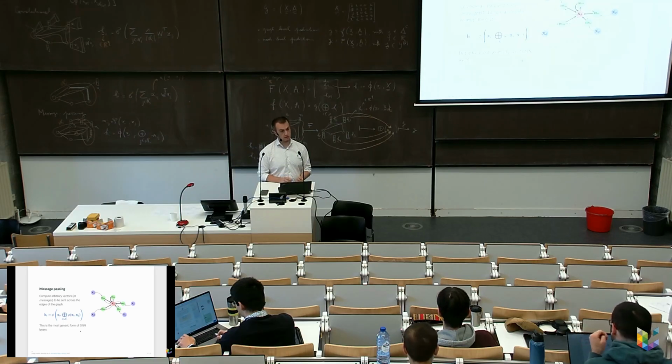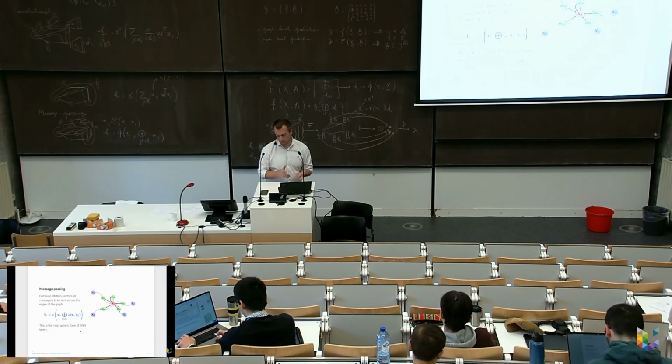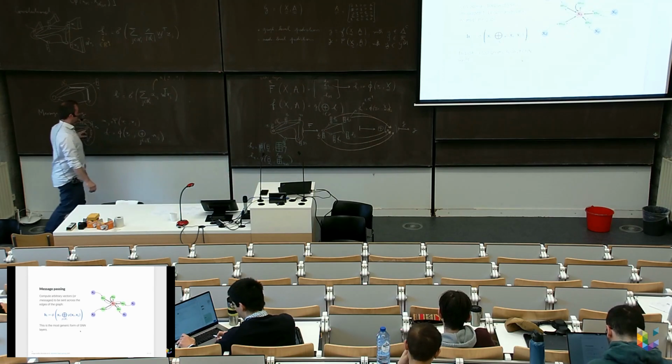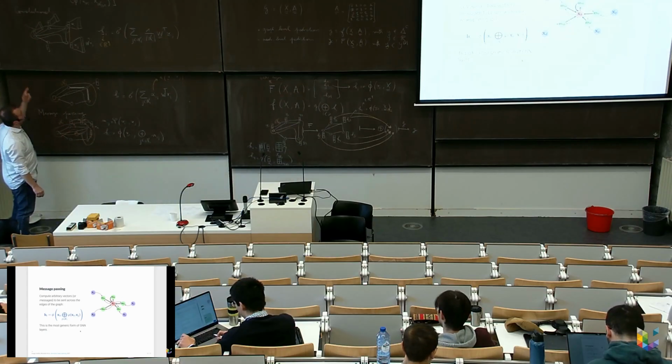Yes. Just like an MLP is the most generic architecture in a sense, from which you can derive, for example, the CNN or the convolutional layers, or more precisely, fully connected layers are more general than convolutional layers. I'm just saying exactly the same thing. If you take message passing operators, they are strictly more powerful than convolutional operators. They can implement everything you can express as convolutional operators and more.